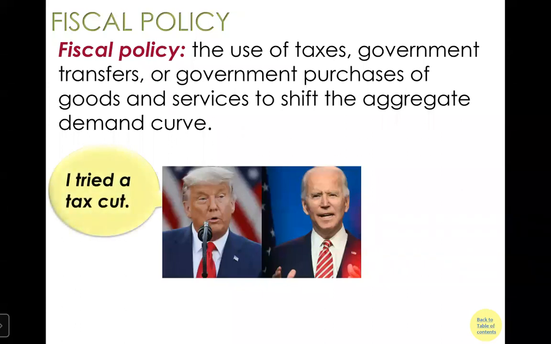Now, we can summarize what fiscal policy is. Fiscal policy is the use of tax, government transfer, or government purchase of goods and services. So you can think about there being three tools. Let me write down tools. There are three tools at the disposal of the government.